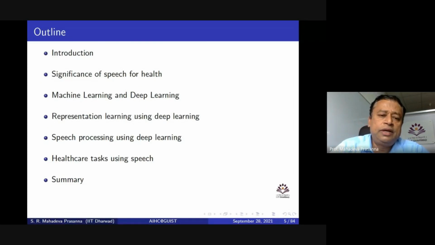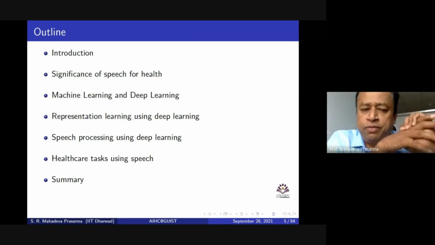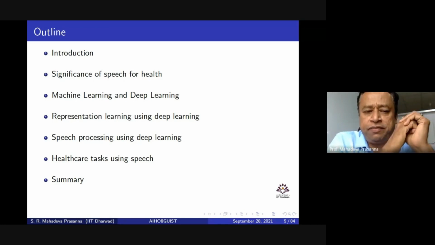That is the main article on which I am basing this talk. I have organized the presentation in the following way. I'll briefly introduce the significance of speech processing for health. Then I will explain, in a domain agnostic way and in the easiest possible way, the field of machine learning and deep learning.